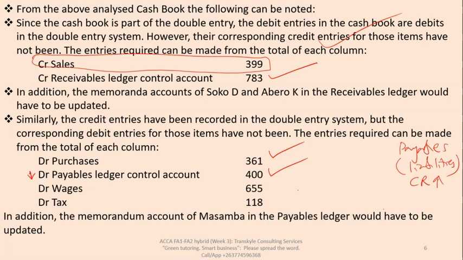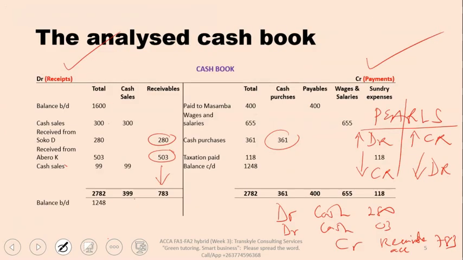For wages, we're making payment here. The 655 was meant to pay wages, so cash was leaving the business to pay wages, but the corresponding debit entry is not found here.